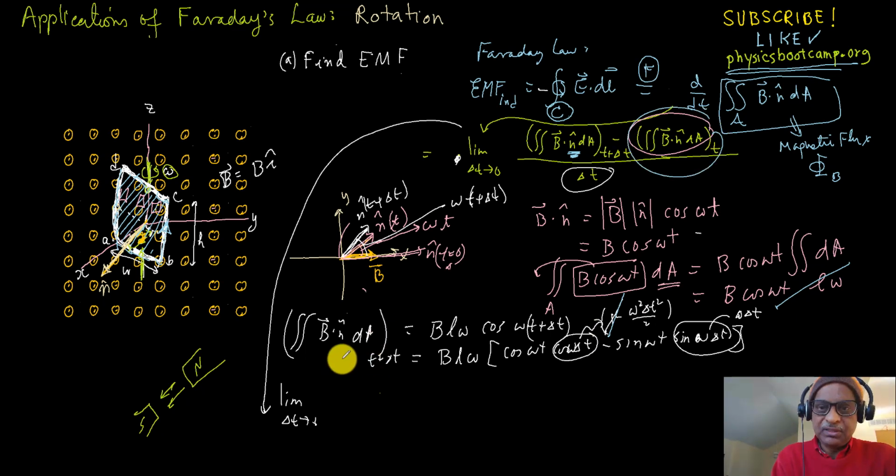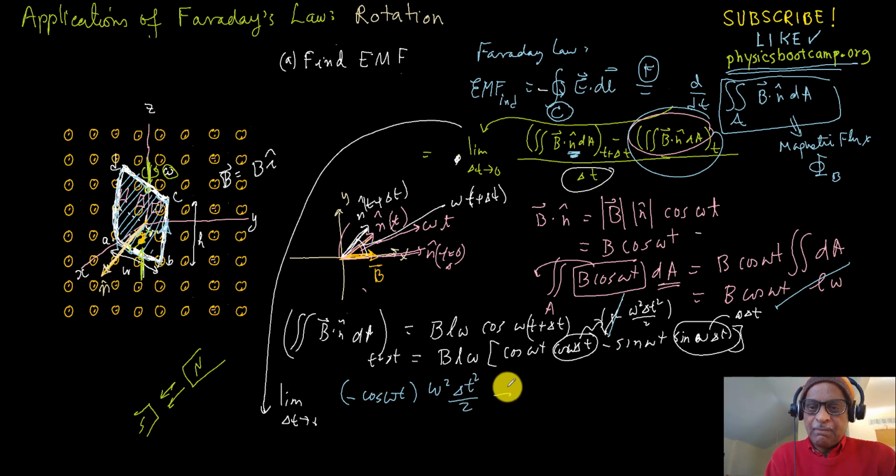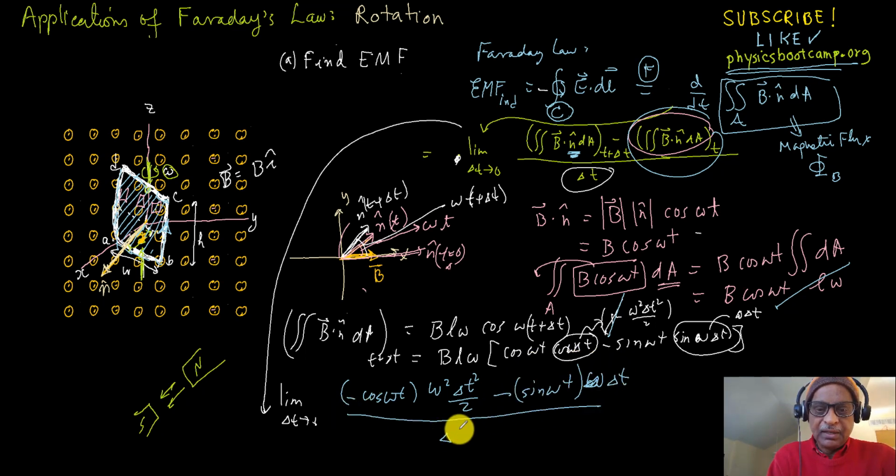So this will simply be minus cosine omega t times omega squared delta t squared over 2, minus sine omega t times omega times delta t, divided by delta t.